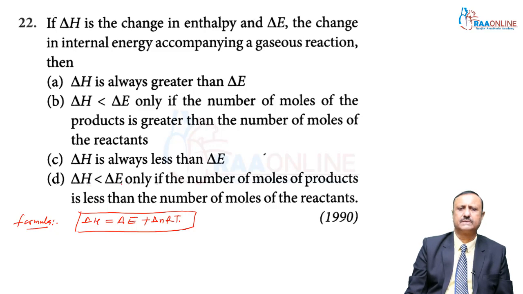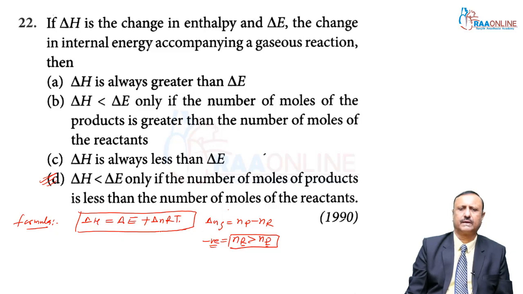Delta H is less than delta E only if the number of moles of products is less than the number of moles of the reactants. Delta Ng is equal to Np minus Nr. If Nr is greater than Np, meaning the number of moles of products is less than the number of moles of the reactants, as in option D, then you get the negative sign.